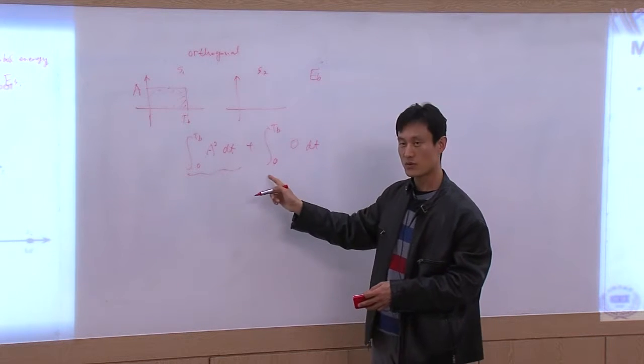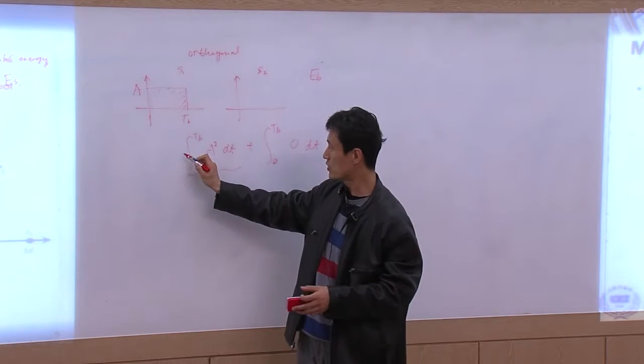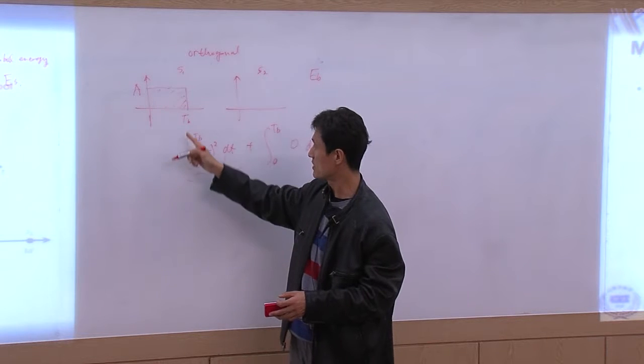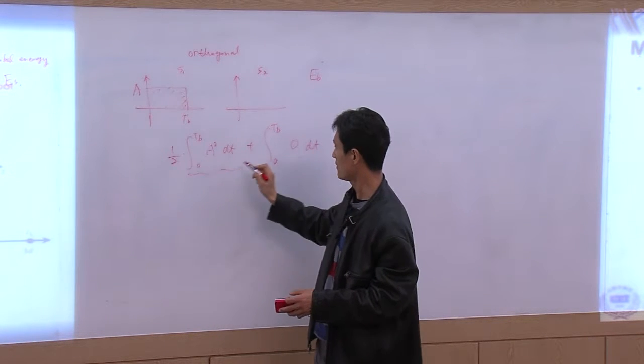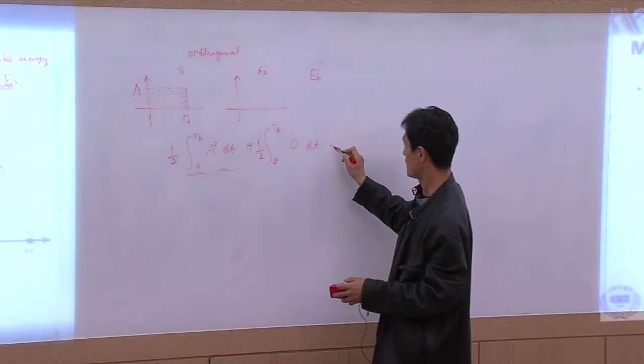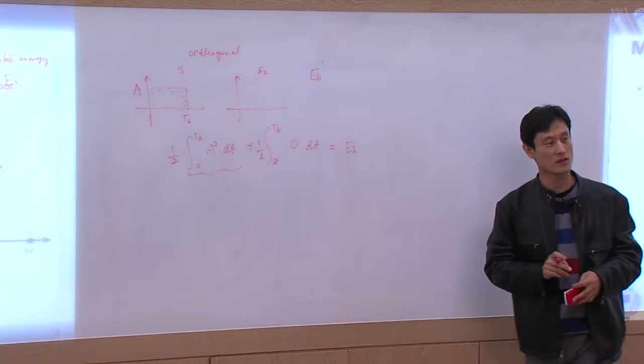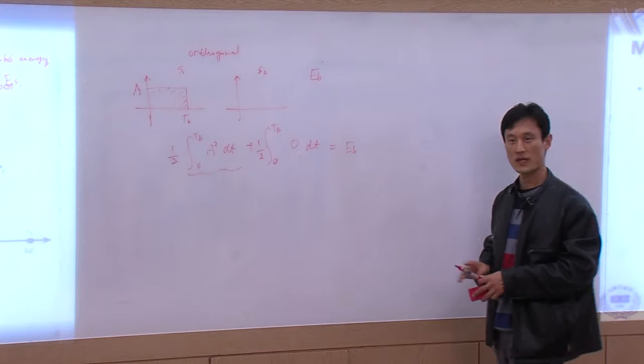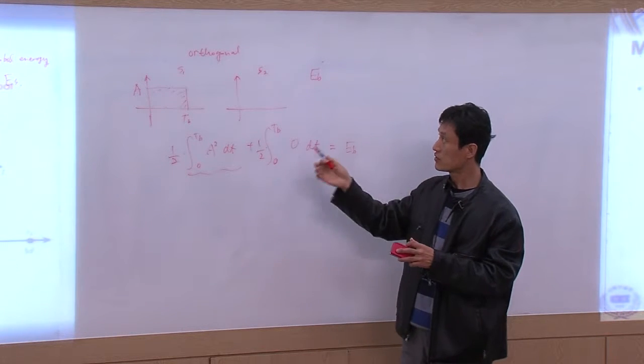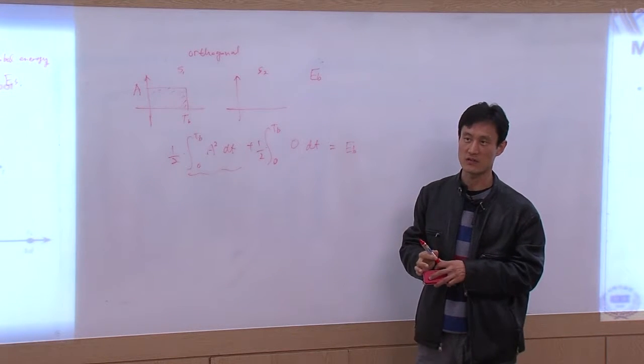When you add these two, you multiply each by its probability, which in this case is half, half. Now this whole thing needs to be EB. That's the equation to calculate the average bit energy.